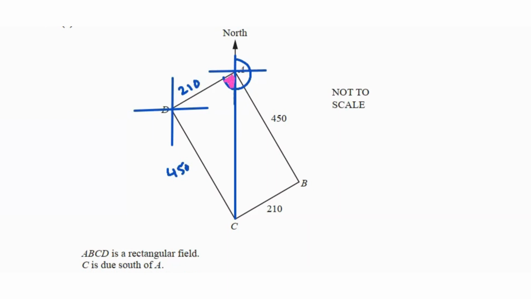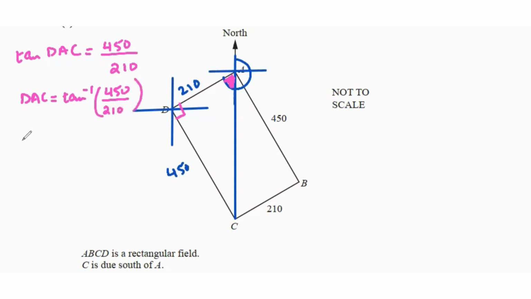So for this angle, since it's a rectangular field, this is 90. So tan of angle DAC is going to be 450 over 210. Tan is opposite over adjacent. Opposite is 450 and 210 is adjacent. So DAC is going to be tan inverse of 450 over 210. So that's going to give us 64.98 degrees.